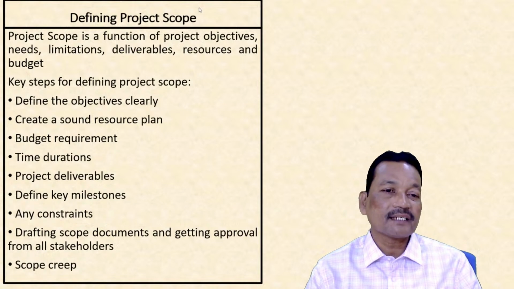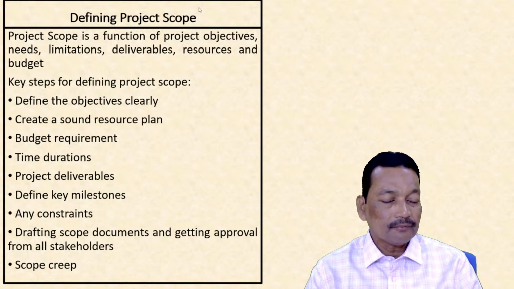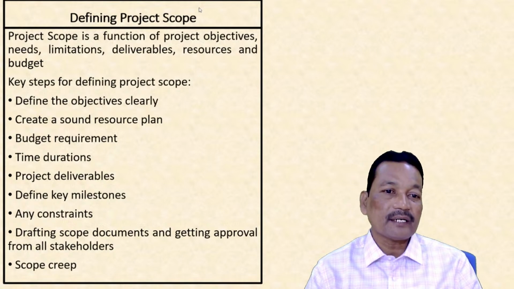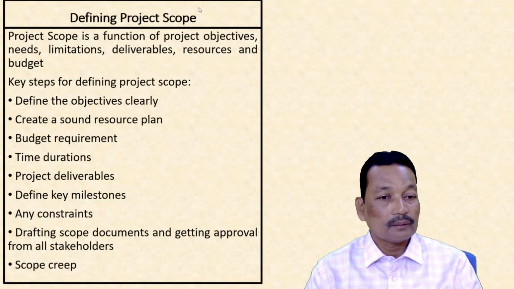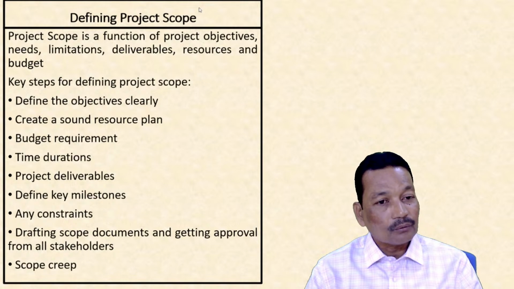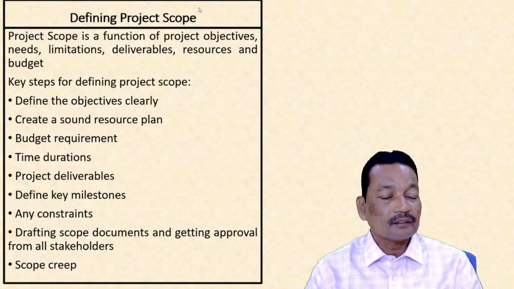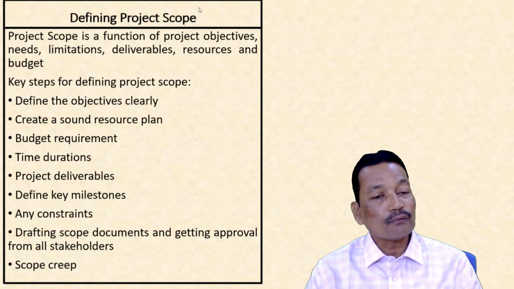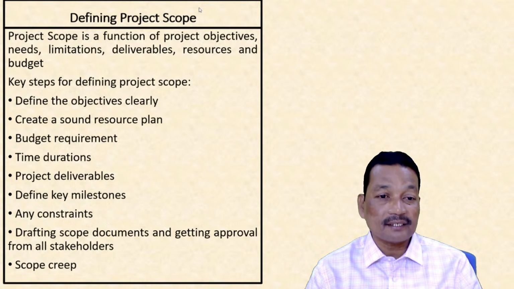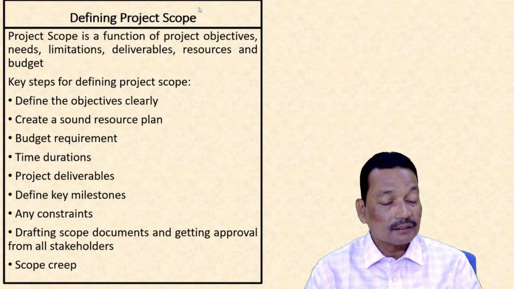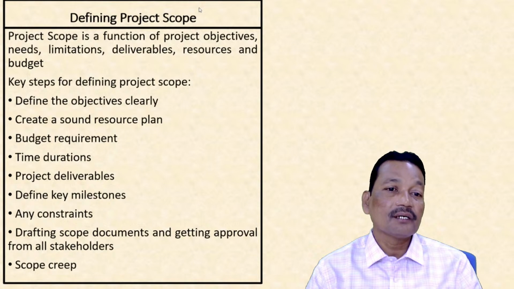Next step is budget requirement. Unless we know how much funds are required for a project, it may vary, but a requirement which is roughly to 100% accuracy, as near as possible, is better for the project organization, because we have to arrange for financial resources.